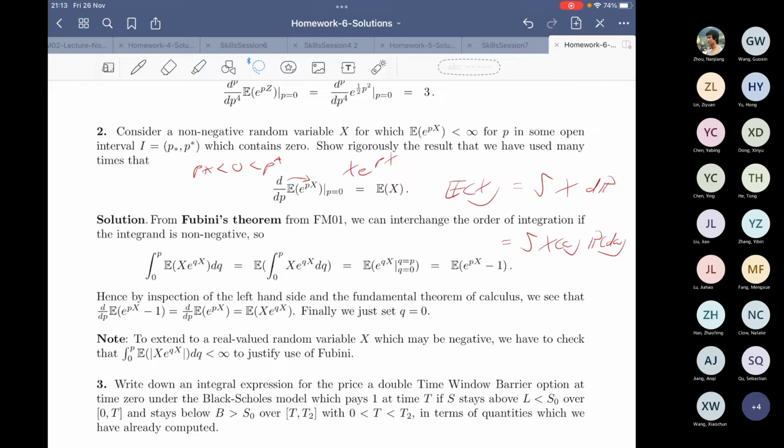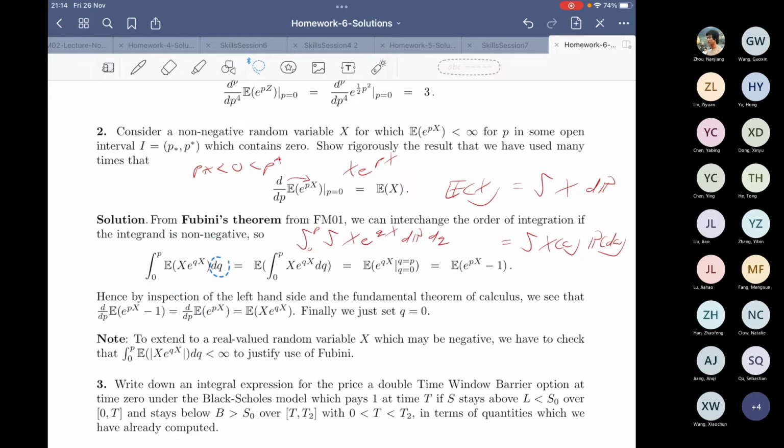If you wanted to think of this as a double integral, it's a bit FMO1-y, but then it would be the integral from 0 to p of the integral of X e to the qX dP dq. Although we don't actually need this notation for this course, that's why I'm saying that we can view this as a double integral, if you want to be geeky about it.